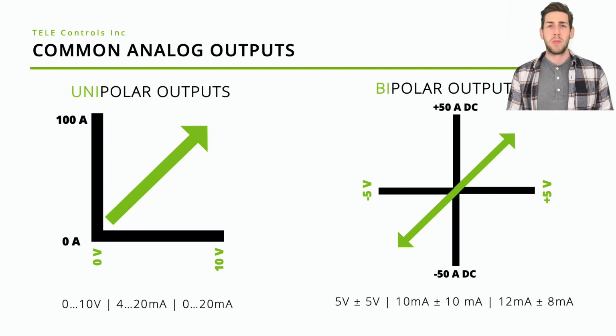However, if you look at bipolar outputs, we can measure, for example, DC current flow. So you could say, is something charging or is something actually consuming energy, right? So that would go under the bipolar analog output.